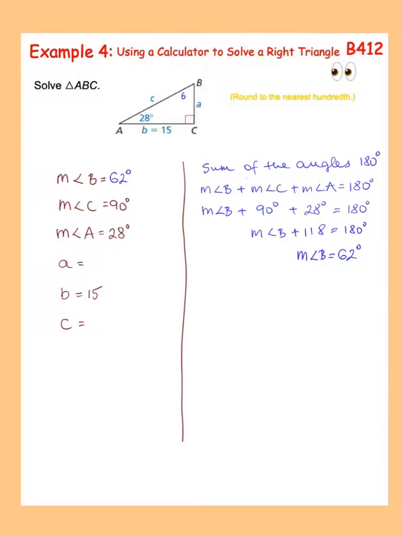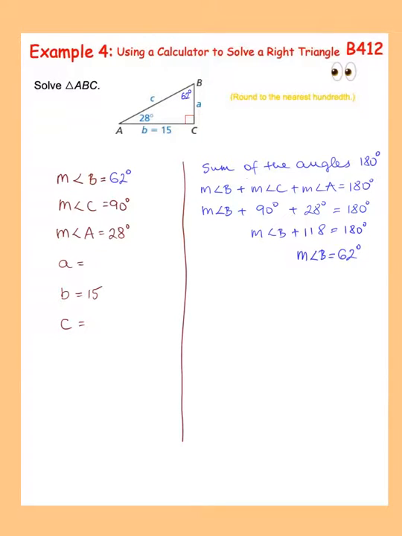I can also put that into my triangle. So now I need to figure out some of the other measures. Since I'm given the side adjacent to the 28 degree angle, I am going to use the tangent ratio to figure out the length of the opposite side.